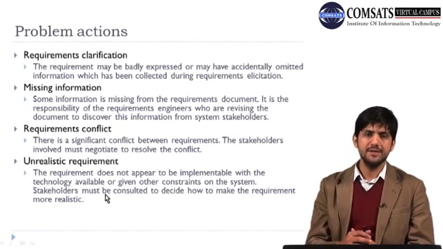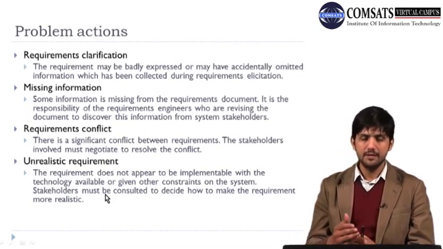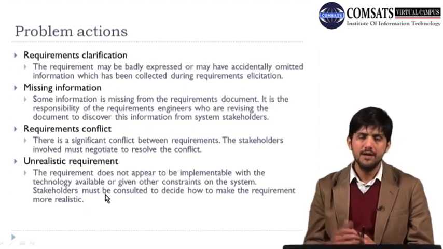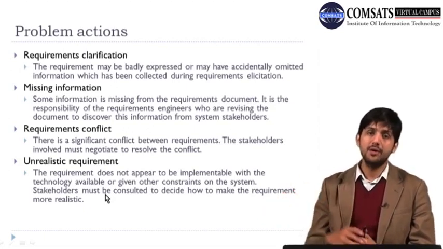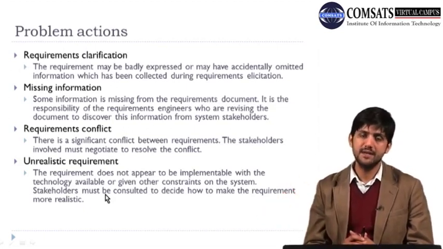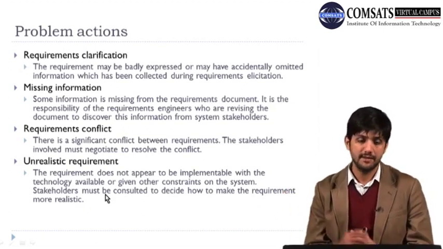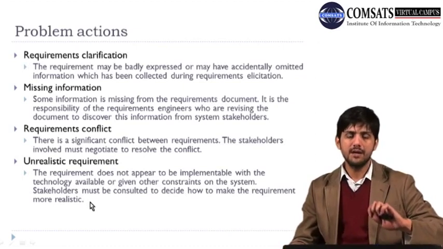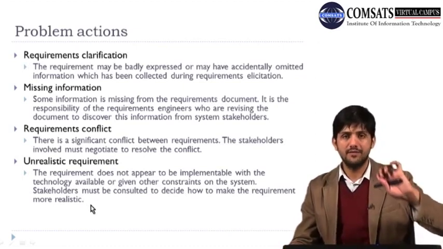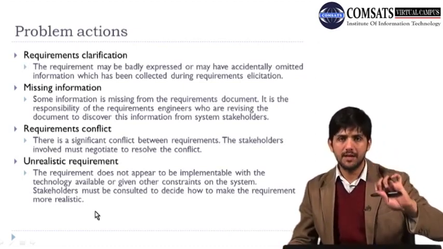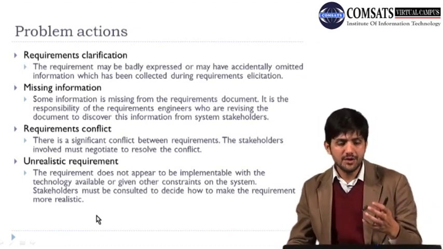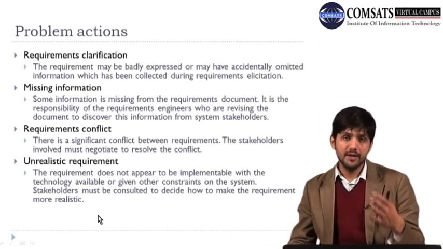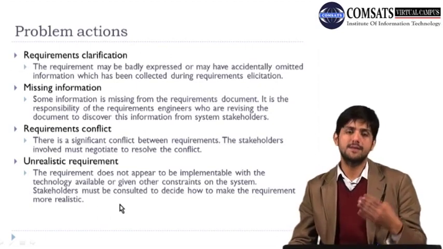So you would have to figure out that this cannot be done, and you need to go and talk to stakeholders again to say that these are unrealistic requirements and they cannot be done. So these are the possible actions which can be taken. We have said that there can be requirement clarification, something you have written which does not make any sense. You have omitted some information, and there are conflicts, and finally you have written some unrealistic requirements.